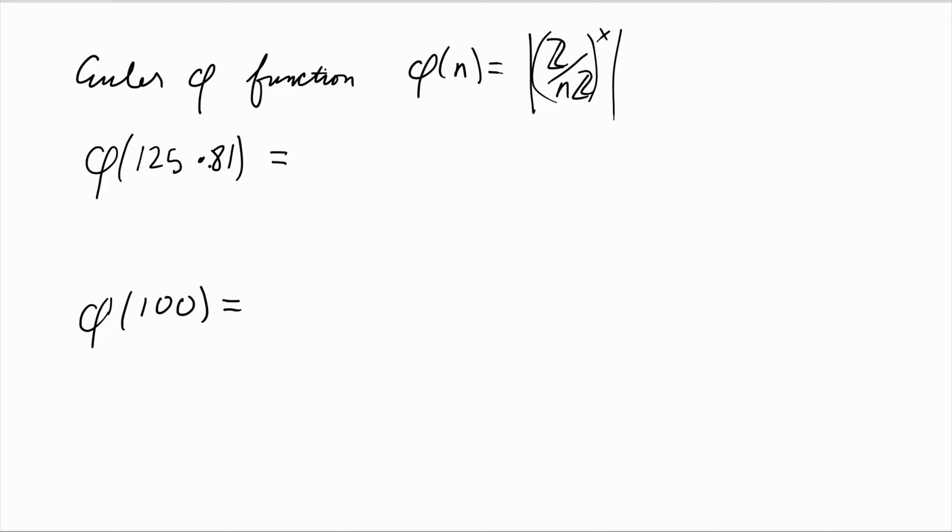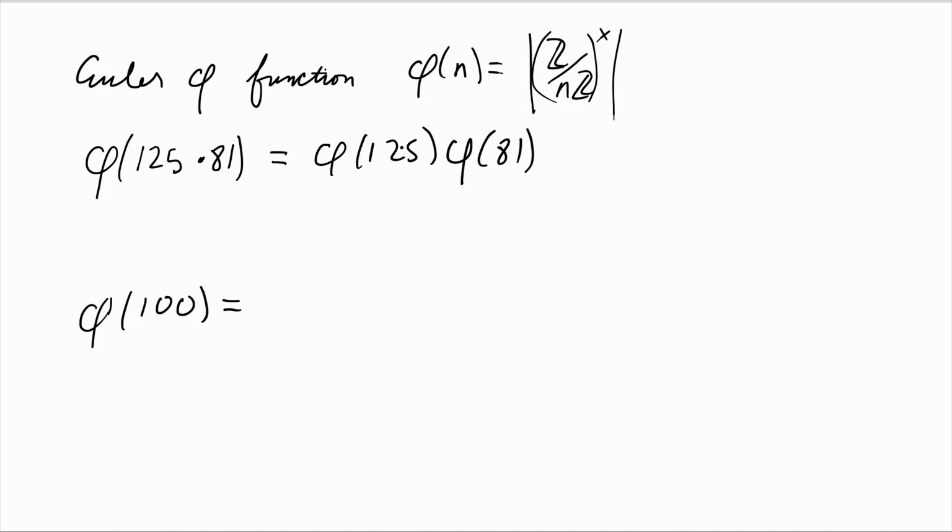So to do that, if something is factored into co-prime numbers, so things that don't share a common factor, so the greatest common divisor is 1, then we can simply write this as phi of 125 times phi of 81. And thinking about this, 125 is 5 cubed. You can take out 1/5 of the numbers.